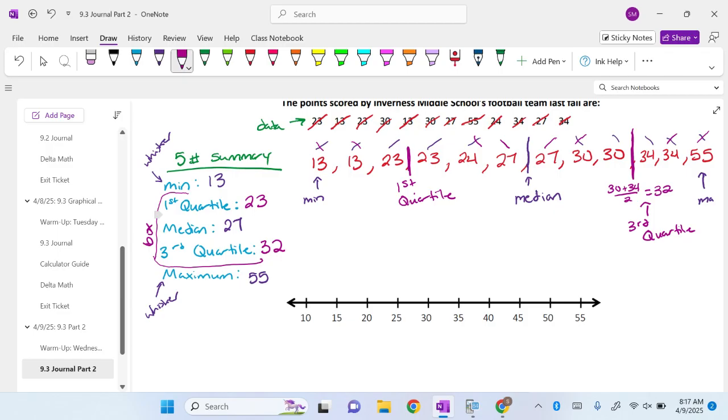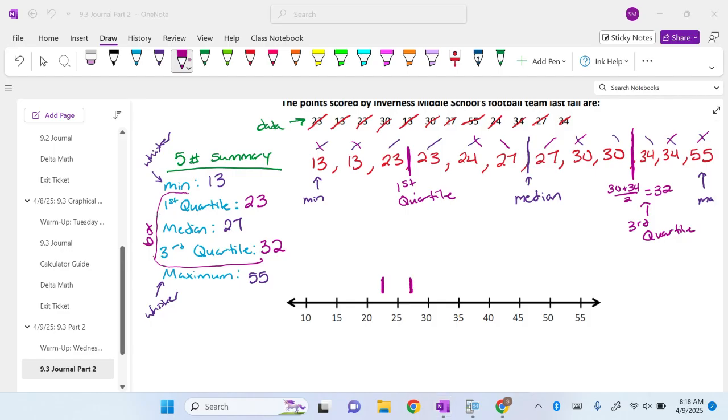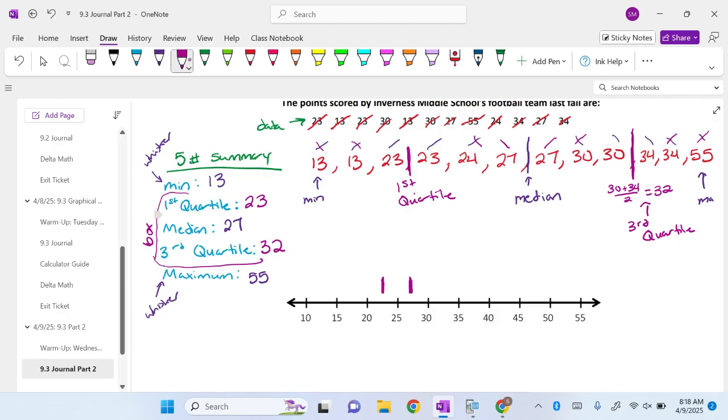So the first quartile is at 23, so that's about right here. Your second quartile is the median, which is at 27, which is about right here. Remember, you still draw a line for your median. And then your third quartile is at 32, which is about right here.